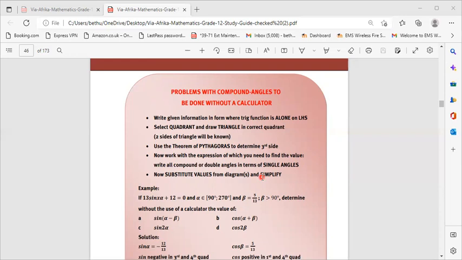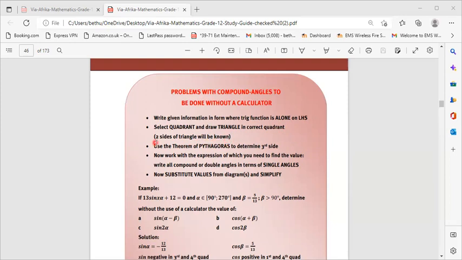Point number 1, write the given information in a form where the trig function is alone on the left-hand side. Point 2, select the quadrant and draw a triangle in the correct quadrant. So two sides of the triangle will always be known.